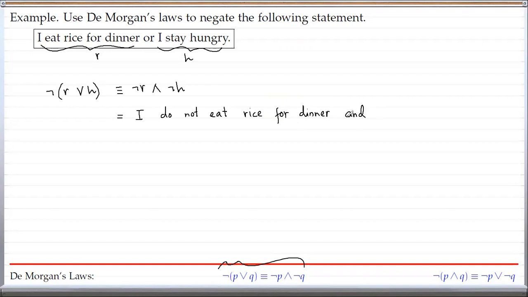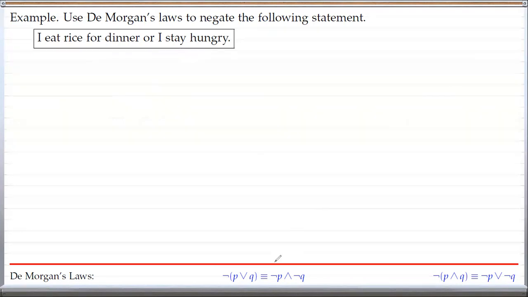And we have and in the middle, this one here. And I do not stay hungry. So this is the negation of I eat rice for dinner or I stay hungry. Let's look at the next example.